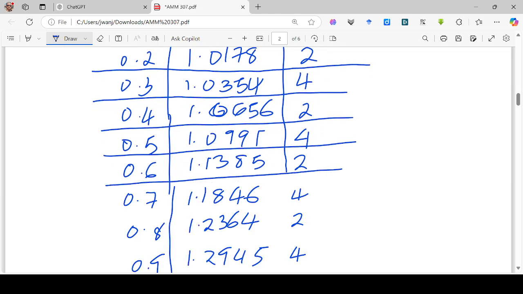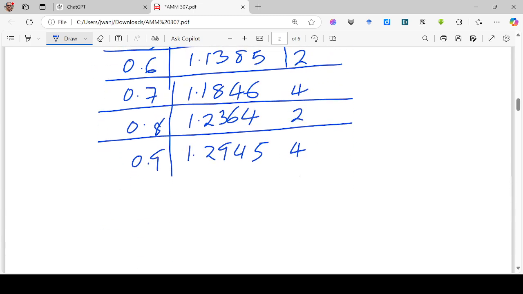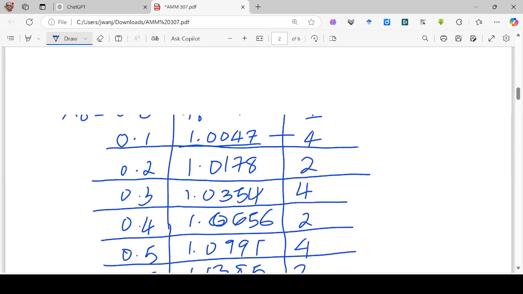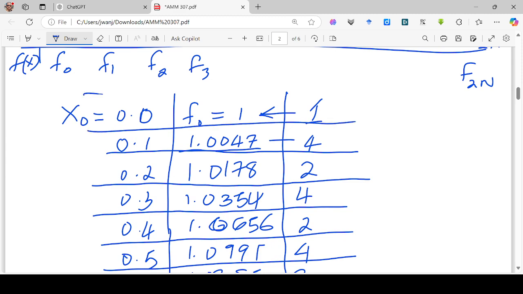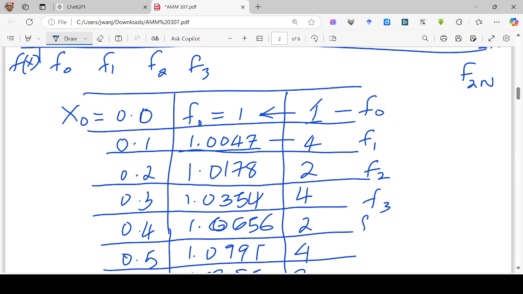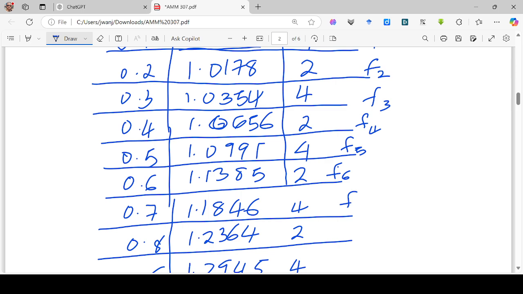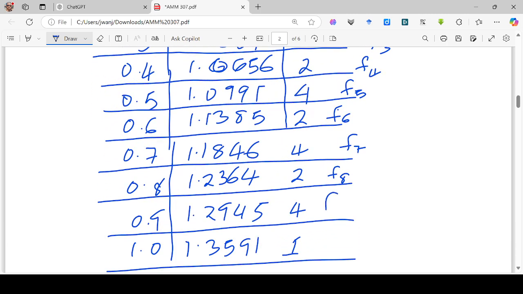So like that. In this case, we call the first one F0, then this is F1, F2, F3, F4, F5, F6, F7, F8, F9, and F10.